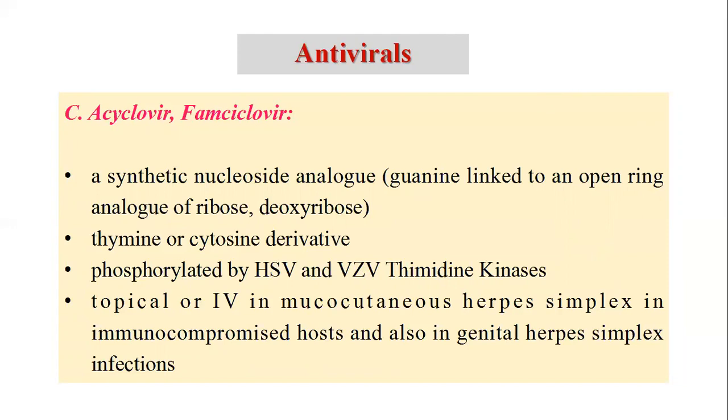So mostly they function in case of herpes simplex virus and varicella zoster virus. Thymidine kinases. So here these NTPs are also formed during function, and they are used topically or intravenously in mucocutaneous herpes simplex in immunocompromised hosts and also in genital herpes simplex infection.